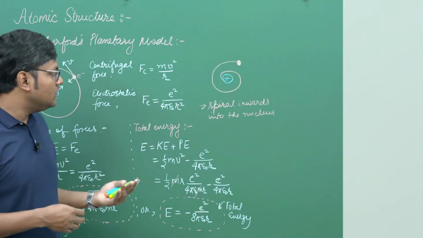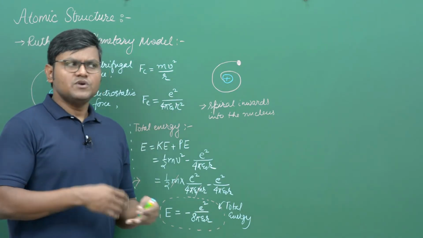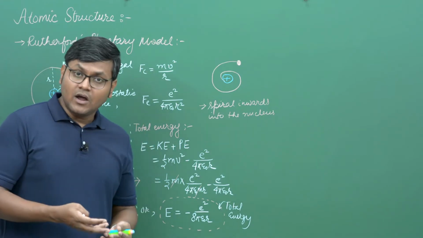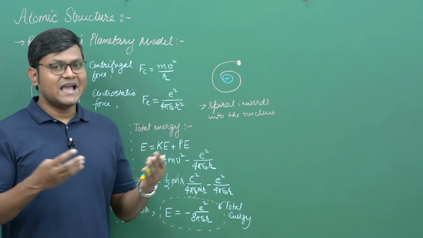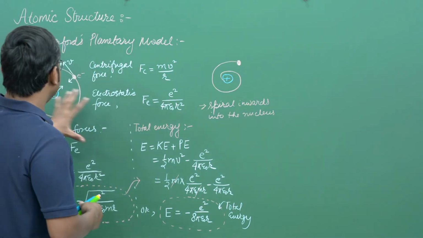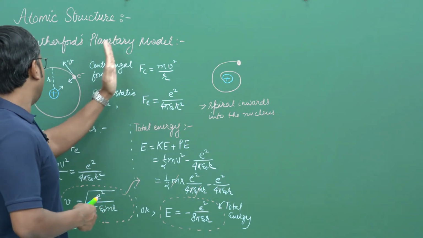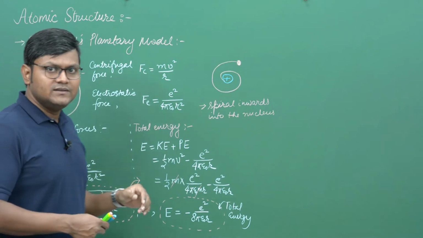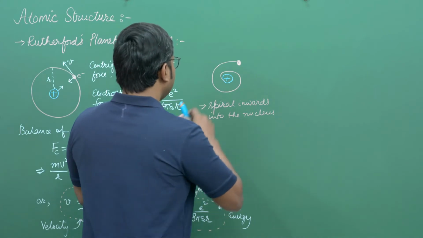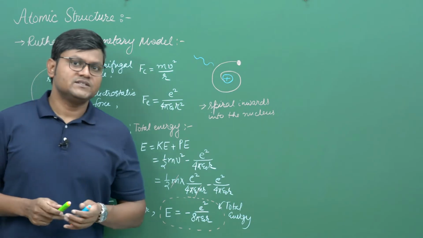And the Rutherford model, apart from the fact that it did not explain the stability of the atom, was also not able to give any explanation for the discrete lines in the emission and absorption spectra of various chemical elements. Because if the electron has no restriction around the nucleus and there is a continuous range of orbit radii, then we should find a continuous emission spectrum, right?